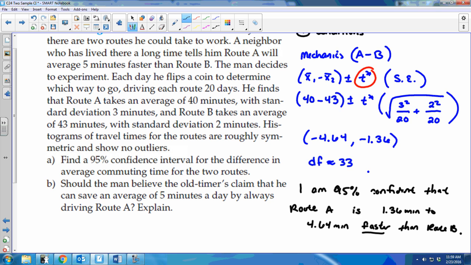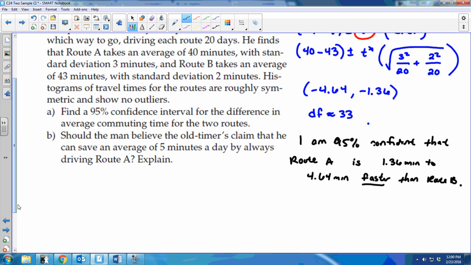You guys will probably write it, I am 95% confident that, oh, this needs to say on average. Because we're talking about averages, so make sure I always talk about the average.